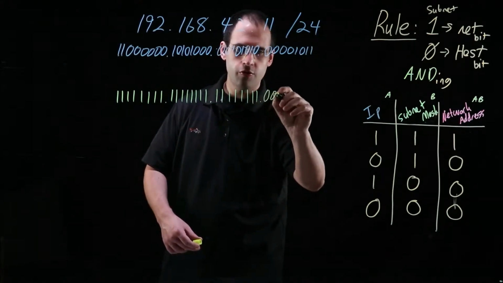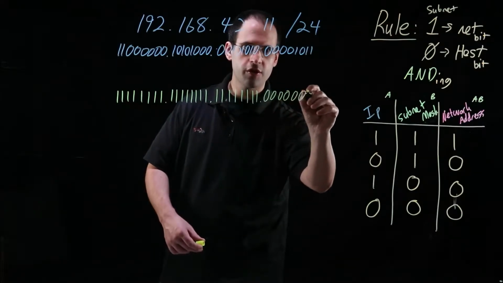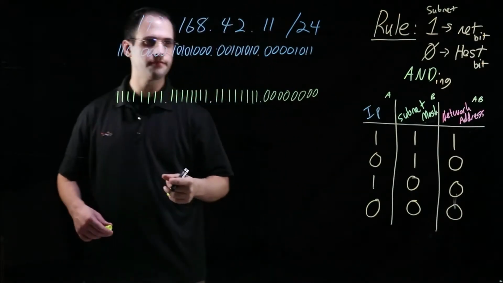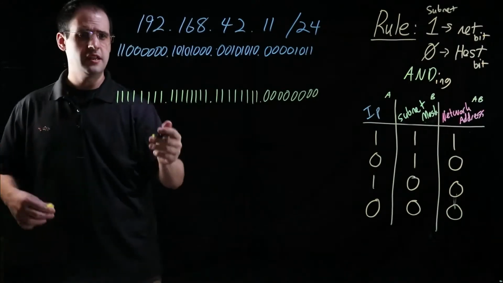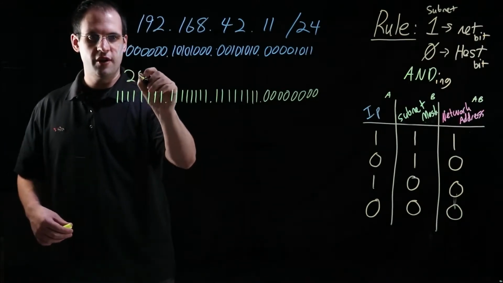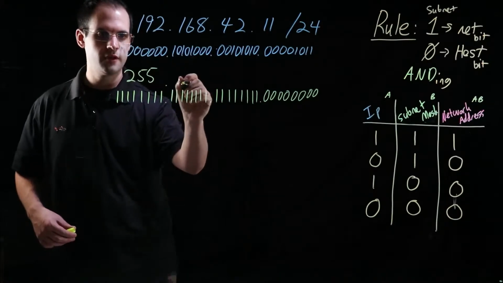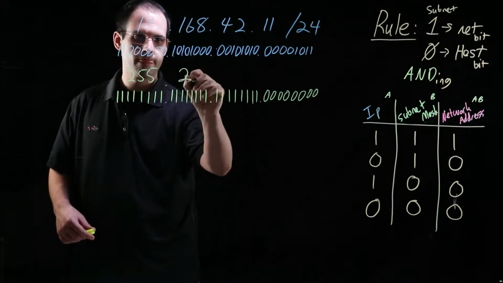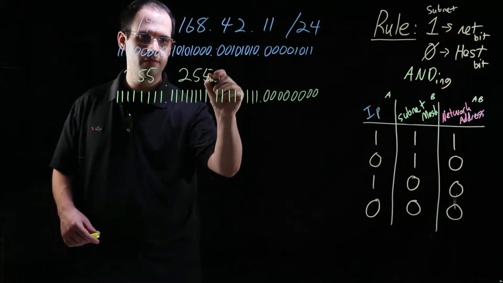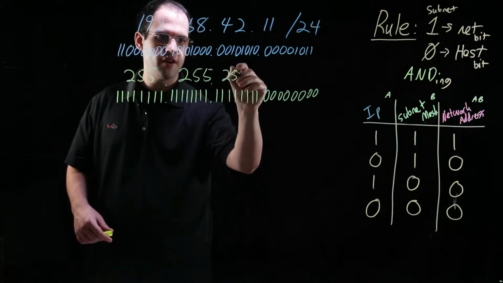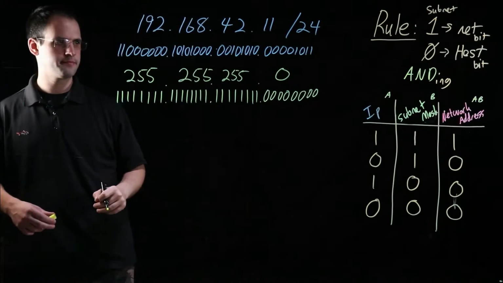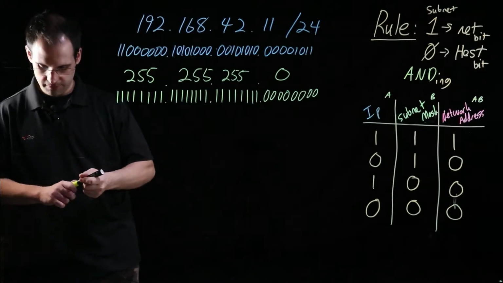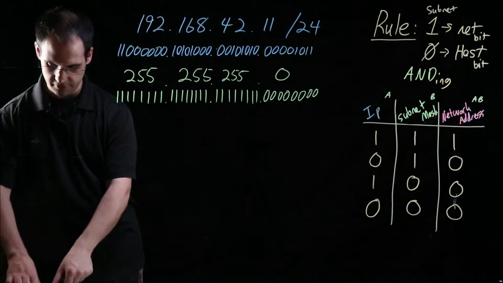So 1, 2, 3, 4, 5, 6, 7, 8. That is our subnet mask. And if I have all ones in binary, that is 255. Dot 255. 255. 0.